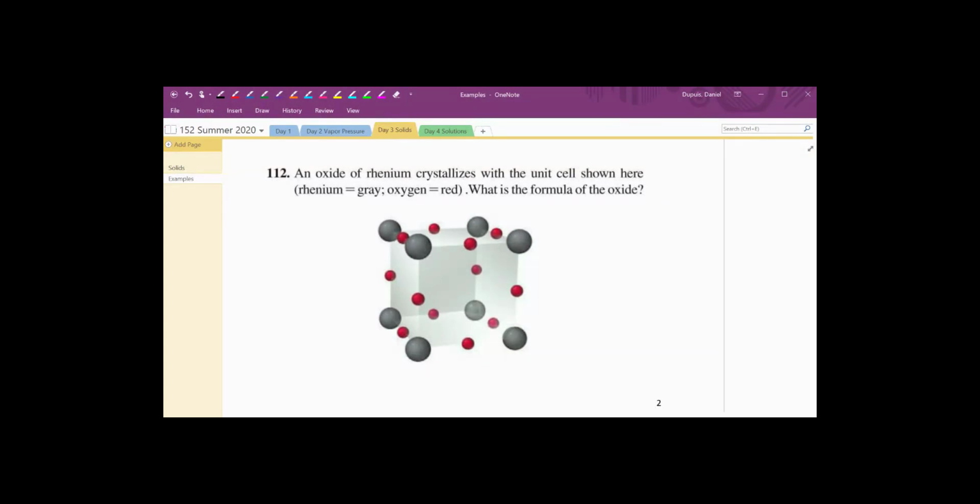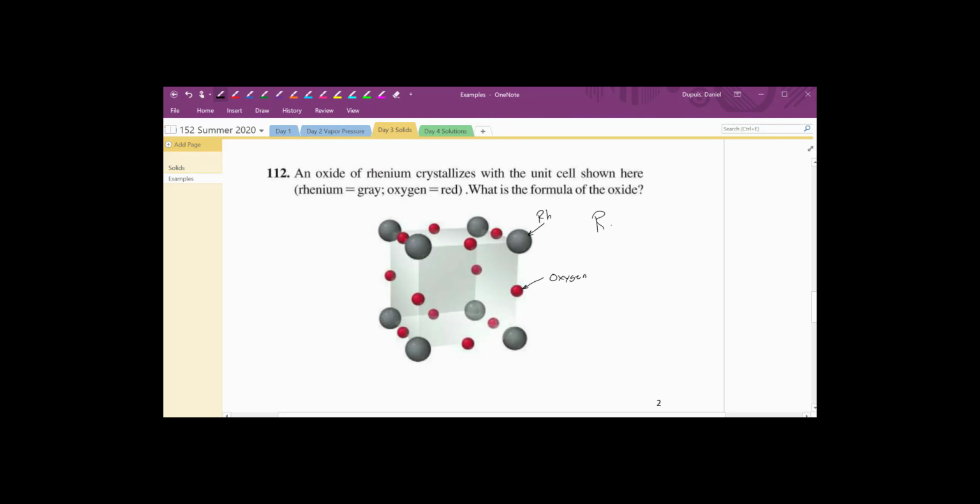So this last one is the other type of problem that you guys would have to do. Here is an oxide of rhenium, because rhenium can have more than one charge. That's this unit. So rhenium is here and oxygen are here. All right, so where are they at?